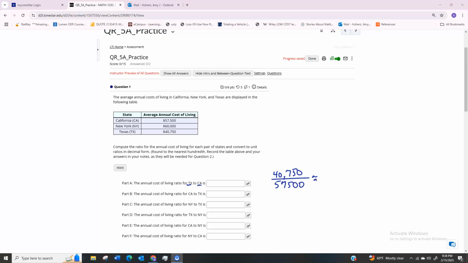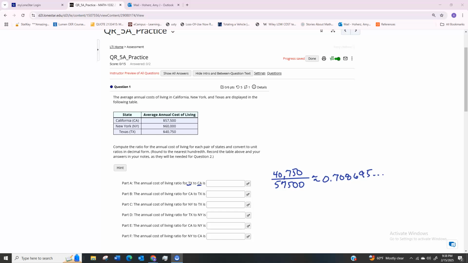When I divide that, it comes out to be about 0.708695. That's way further than what we need. It keeps going after that.